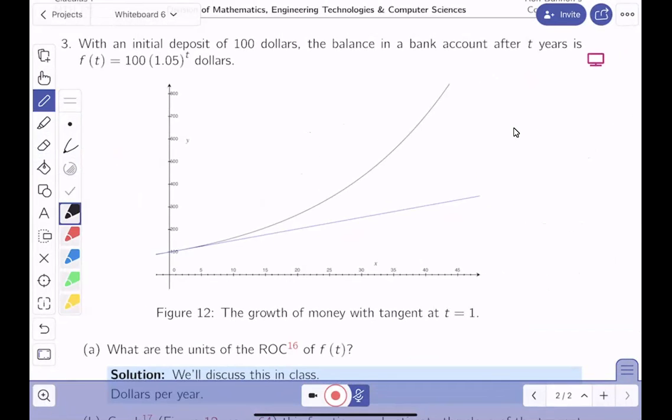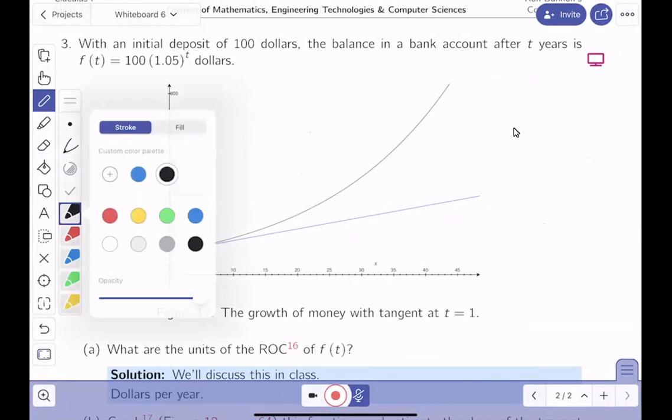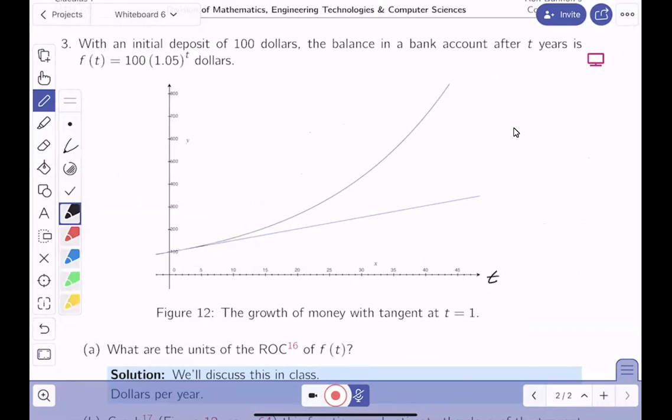It's the growth of money. It's exponential growth. And so I'm going to put my axes down. This is t, time in years. And this axis over here is money. So I definitely see that point over there. I'm going to write the point down for you.